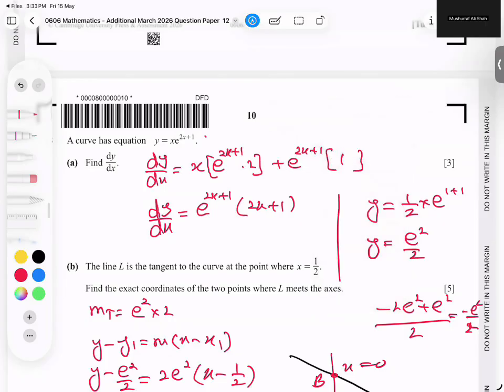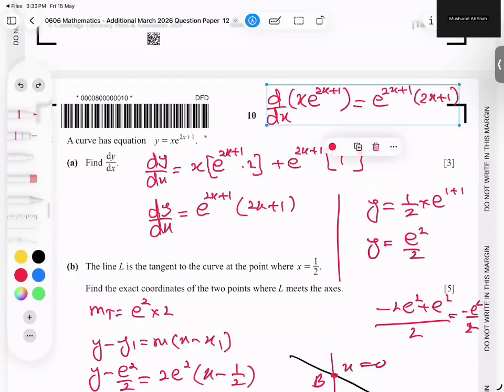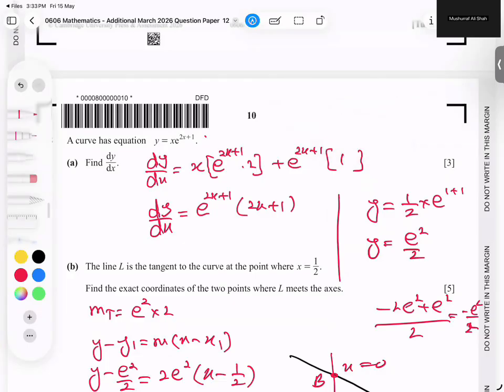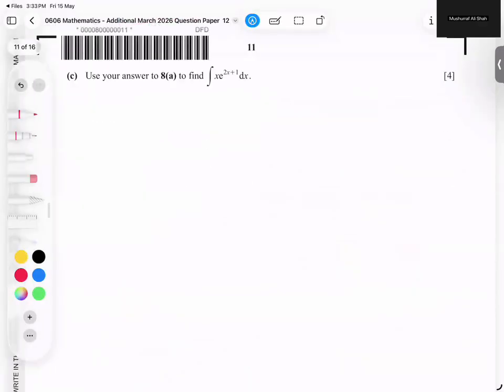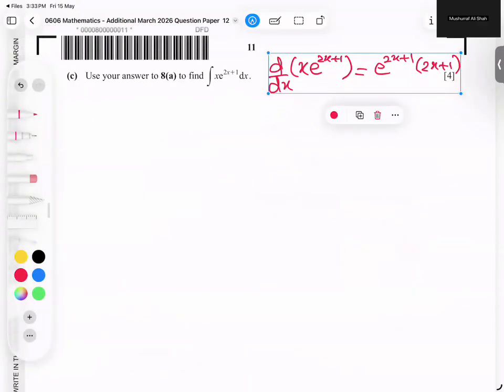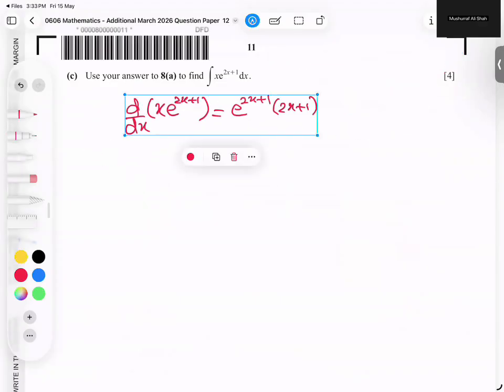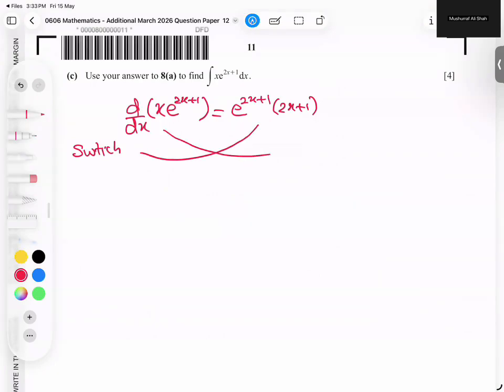And I'm going to use it on the next page. Okay, sorry. So I'm using it now here, this expression. Or I can use it even here, no problem. First of all, I'll switch. Left becomes right and right becomes left.